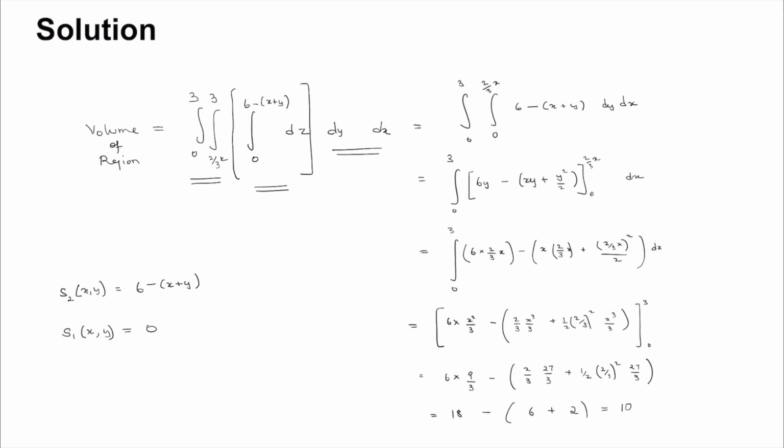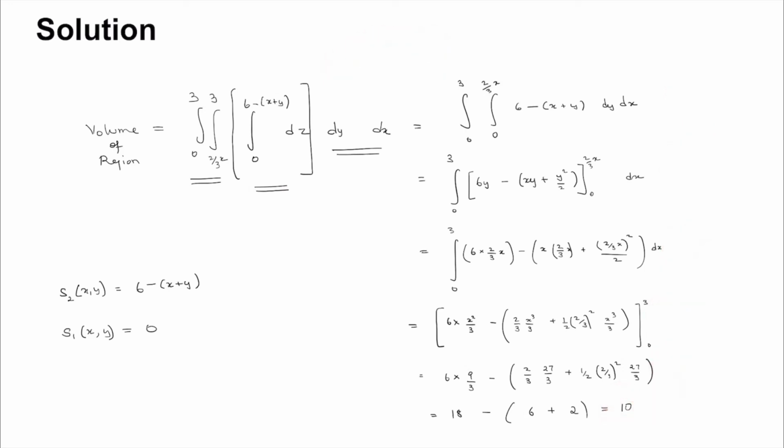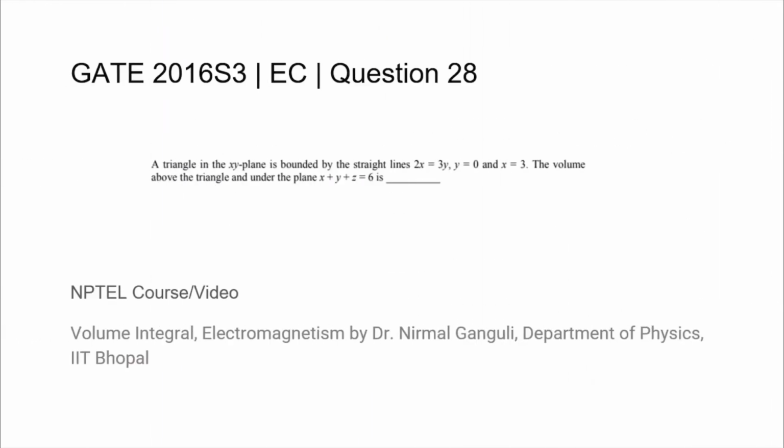After you have set up this triple integral, it's fairly straightforward to go over each integral and find the answer. It will come out to be 10. That is, the volume of the region asked is 10.